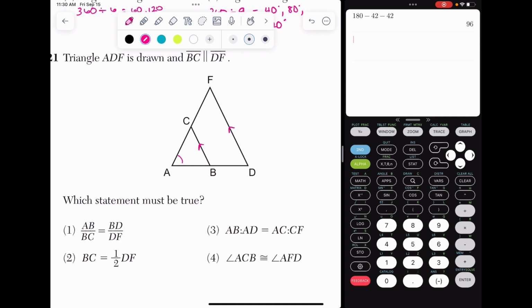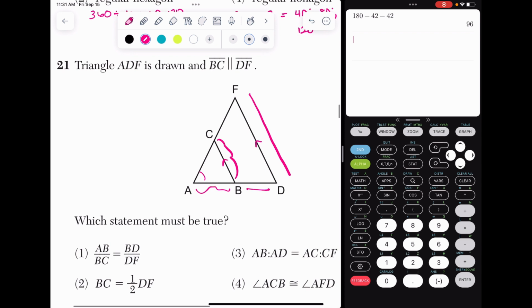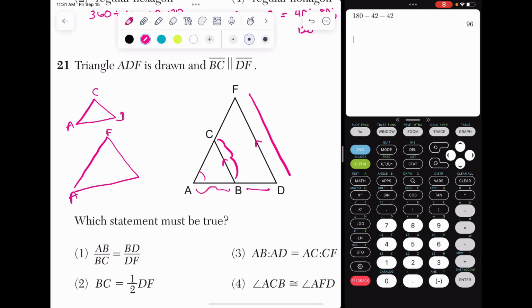All right, so for 21, choice 1 asks us, is AB to BC equal to BD to DF? That's not going to be true because when I look at this, BD is not the side of a triangle. If you have trouble seeing that, what I would also maybe suggest, and don't worry about it being accurate, is draw the picture separately, and you can really see this nicely.